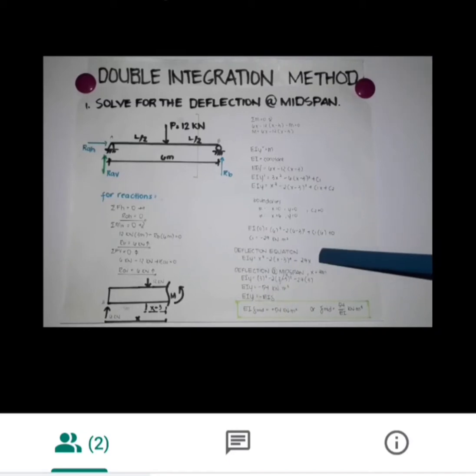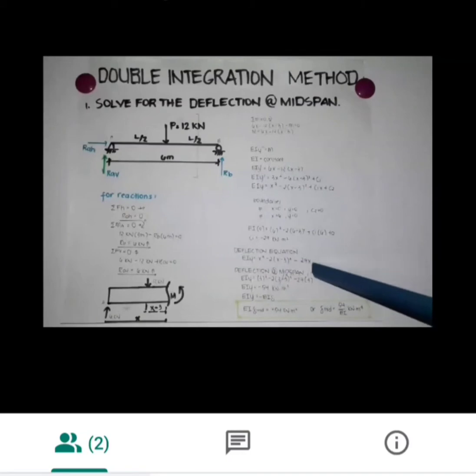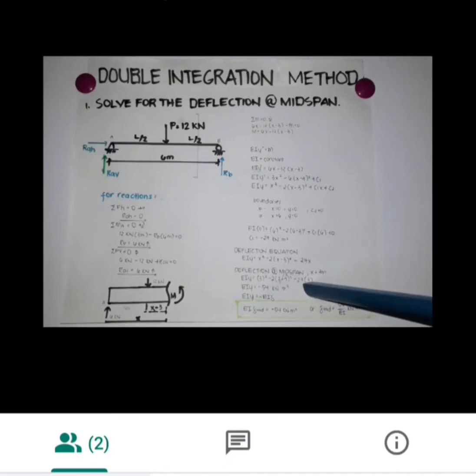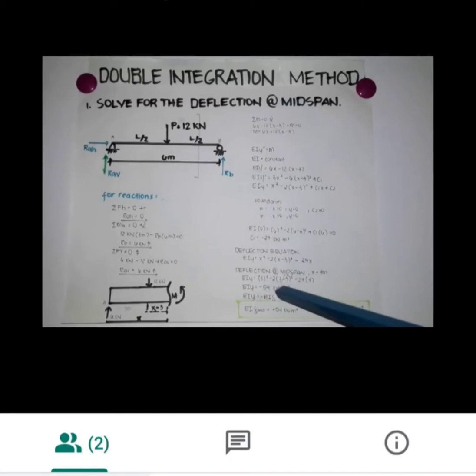Since yung required is the deflection at midspan, isa-substitute ulit natin yung x is equal to 3, which is yung midspan, dun sa deflection equation. EI y is equal to 3 raised to 3 minus 2(3 minus 3) raised to 3 minus 27 times 3. Since 3 minus 3 is equal to 0, makakancel ito, magiging value ng EI y is equal to negative 54 kilonewton meter cube.